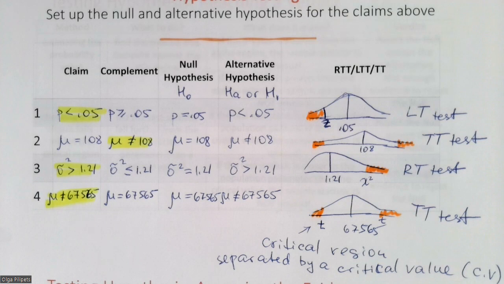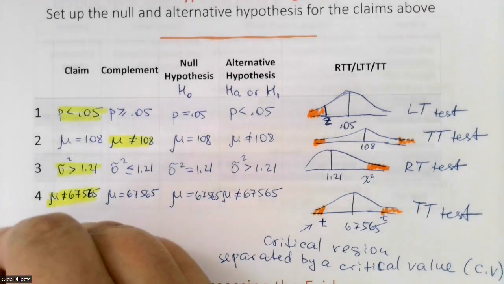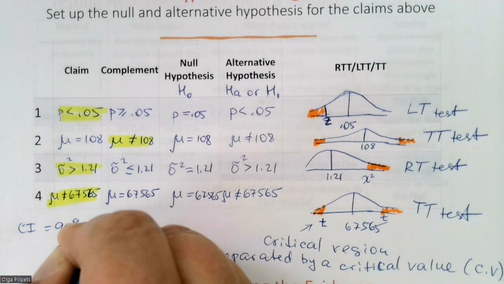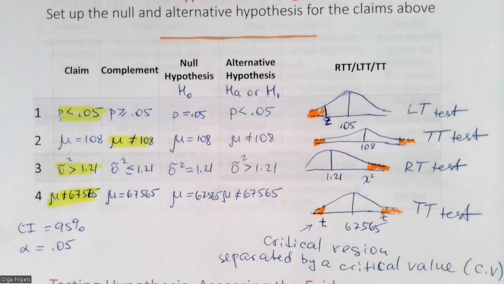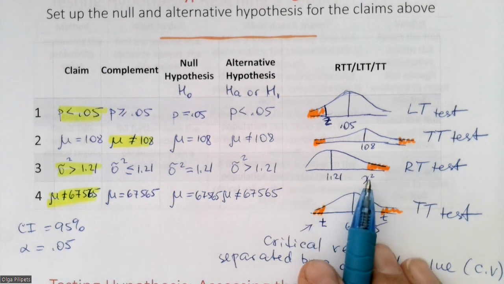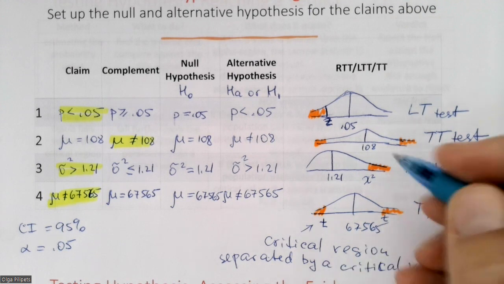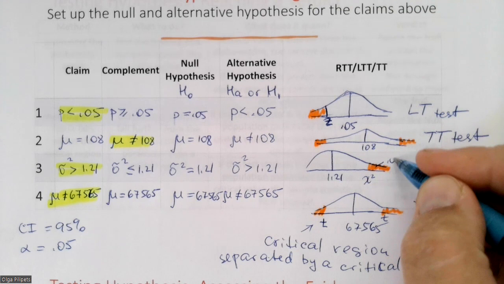So this is going to play here as well. If they tell you that the confidence level is 95%, for example, that will tell you that alpha is 0.05, right? And that's what your critical region is going to be. So the size of this region is 0.05.